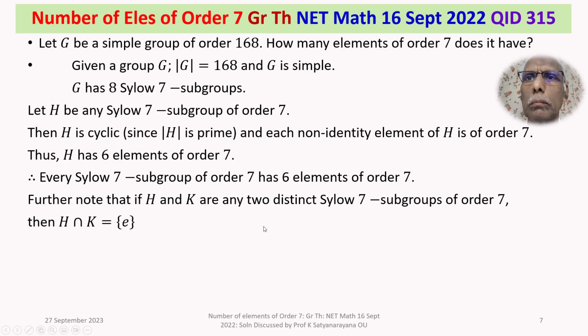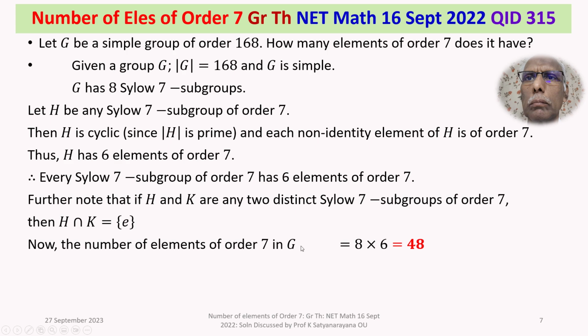So that means now the counting works. Now the number of elements of order 7 in G. So we have 8 Sylow 7 subgroups, and every Sylow 7 subgroup of order 7 has 6 elements.